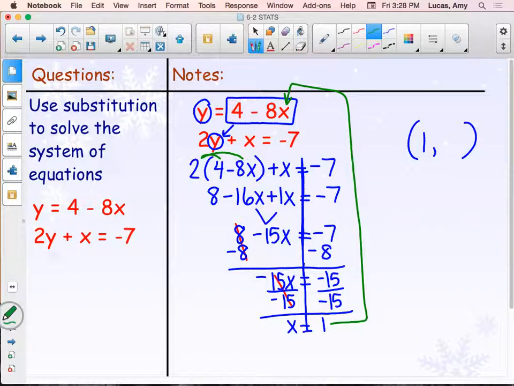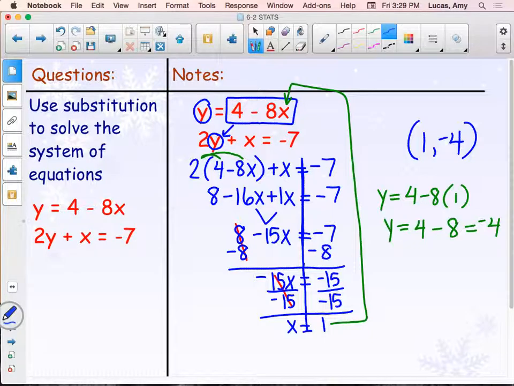I like the one that I substituted with in the first place because that one's already solved for the letter y. So y equals 4 minus 8 times x. 8 times 1 is 8, so 4 minus 8 is negative 4. So my ordered pair is 1, negative 4.